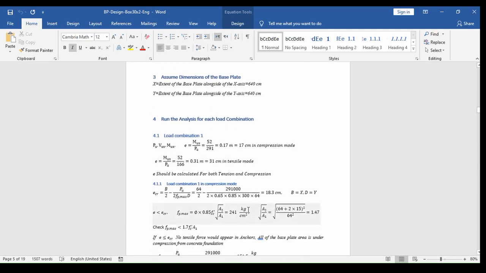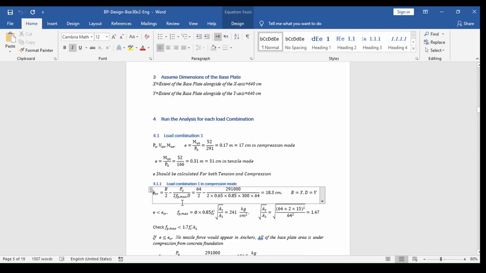In this part we calculate the eccentricity of the axial force. Next we determine the E critical here to see whether the base plate is totally under compression force from the concrete foundation. It is quite like an algorithm.